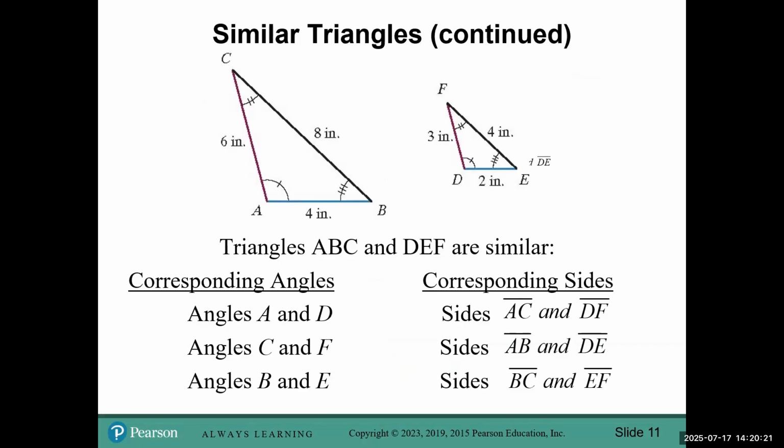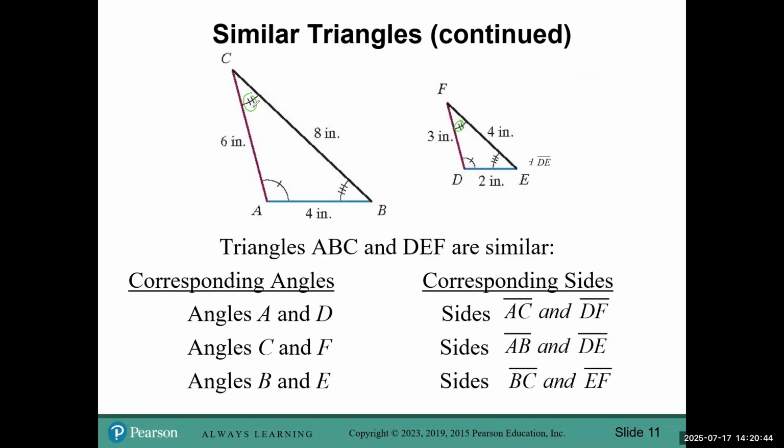Okay. So ABC and DEF are similar. This is another way of doing that notation. So in the previous slide, I did 3 little arcs, but we can also just draw 1 arc and then put 2 lines in it. So we've got the 2 lines here and the 2 lines here. That means angles C and F are similar or are corresponding.